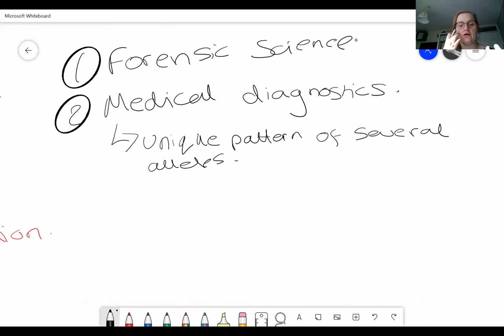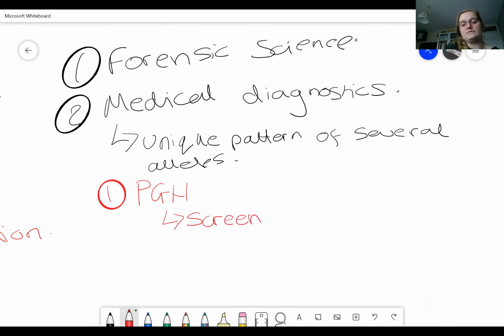So one example that I'm just going to give you here would be pre-implantation genetic haplotyping, so PGH. This is screening of embryos, before the embryos are implanted.